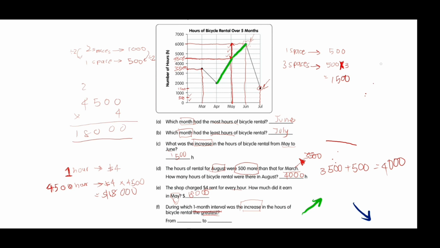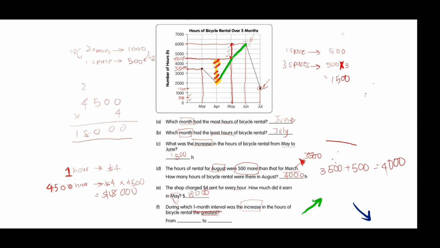So let's see, from April to May, how much did it increase? We can count the number of spaces. So there's an increase from here to here. And that is how many spaces? Let's count. It's 1, 2, 3, 4, 5 spaces.